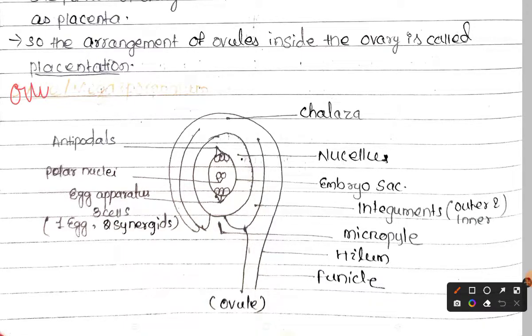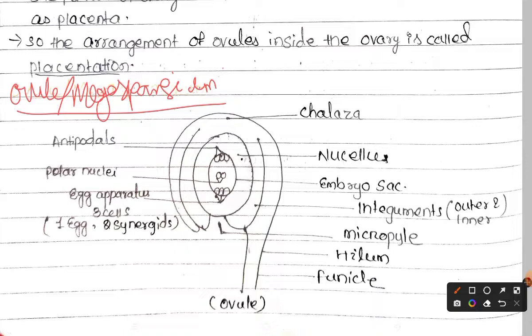Next comes the structure of ovule, or megasporangium. It is a very important short note.